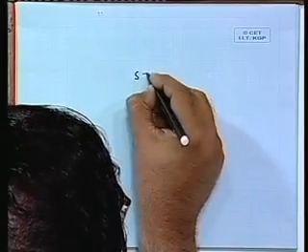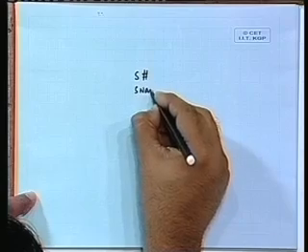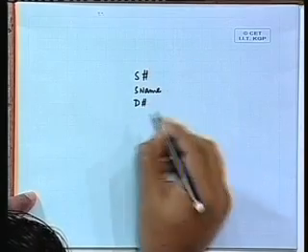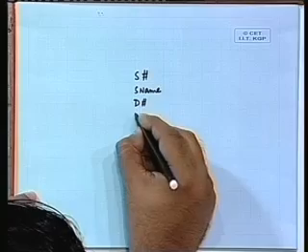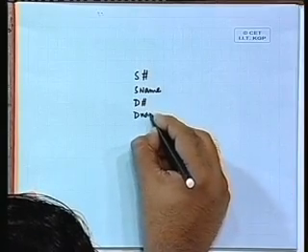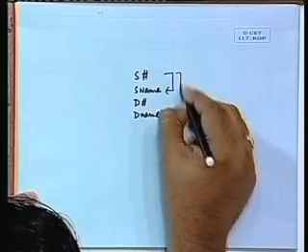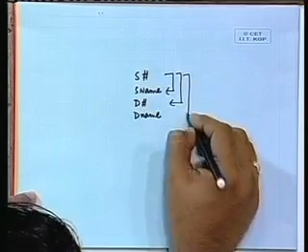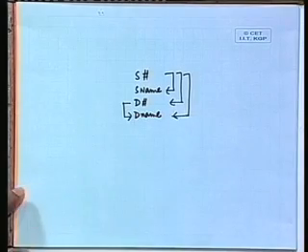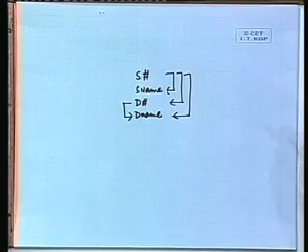We have the student number, the student name, and the department. Now this is a true transitivity, is it not?